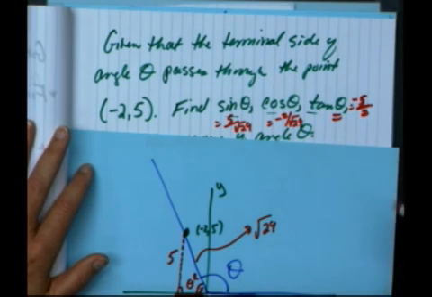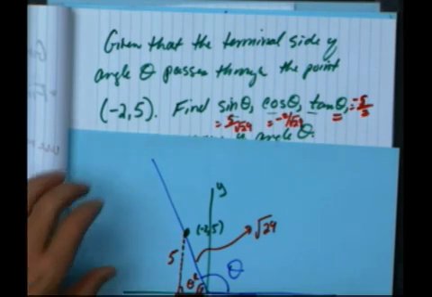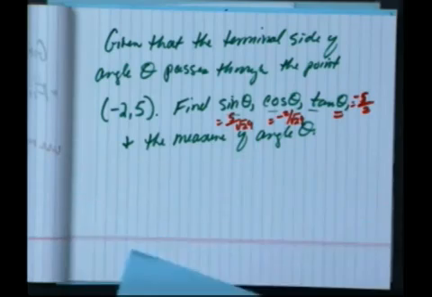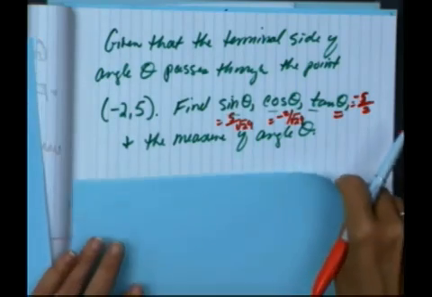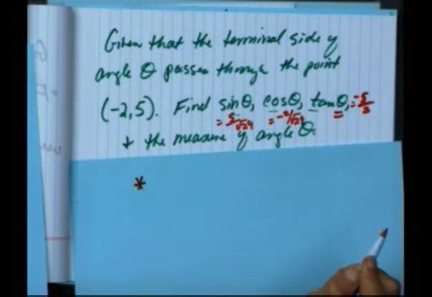Is that easy? All right, now let's do the part that's not always so trivial. You didn't think that part was trivial? All right, now we want to find the measure of angle theta. To find the measure of angle theta, what did we just say you need to work with?